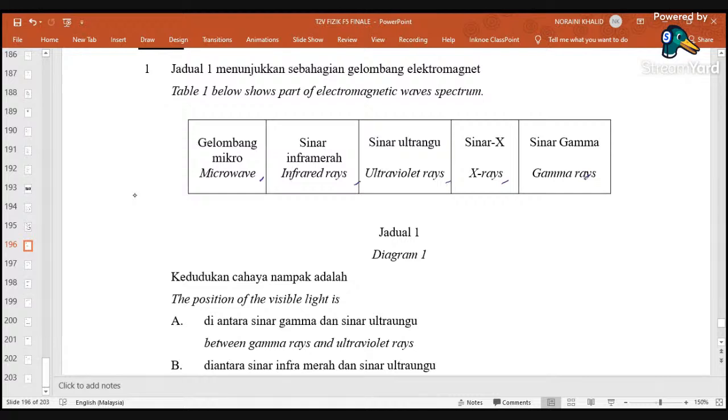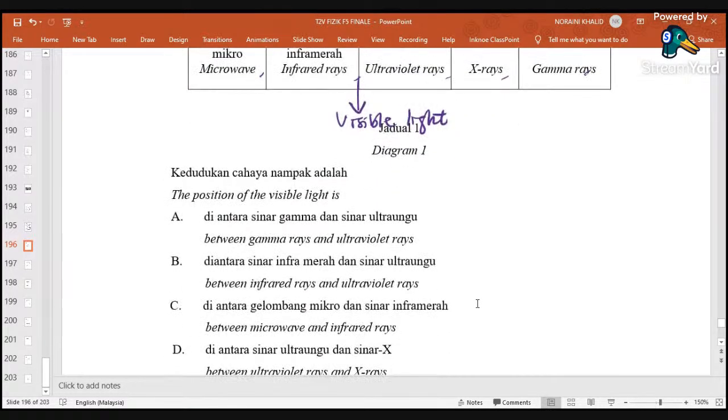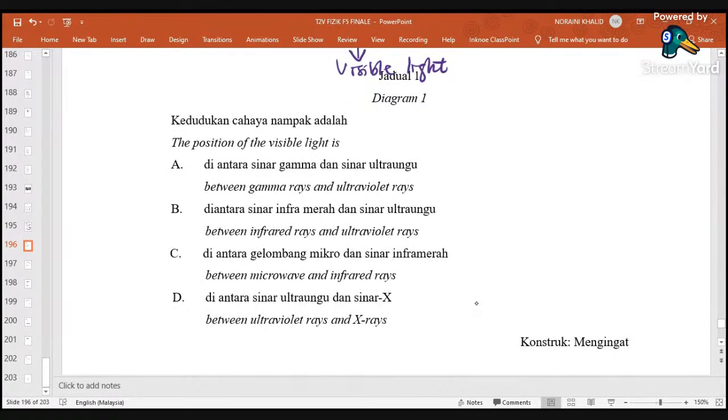You can see it is here, visible light. So it is between infrared and ultraviolet. So the answer is B.